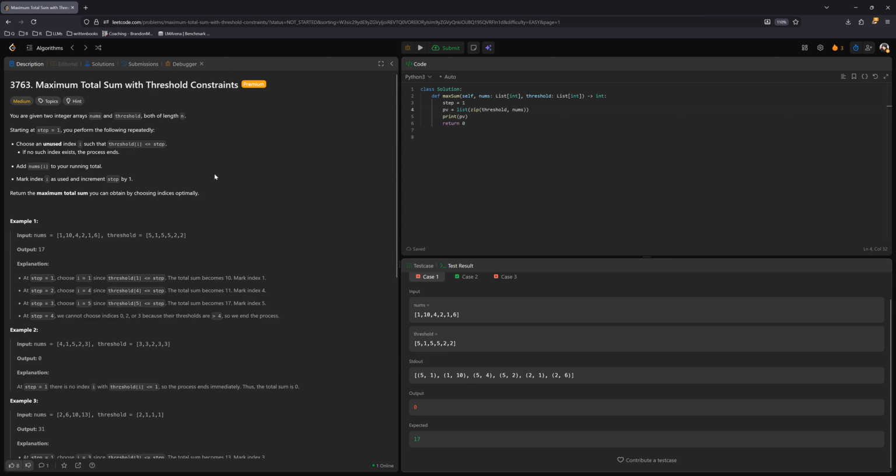Now, we want threshold is lesser than or equal to step. Okay, I think I got it now. So pv.sort, step equals 1. Let's put it down here with what we're going to be doing.